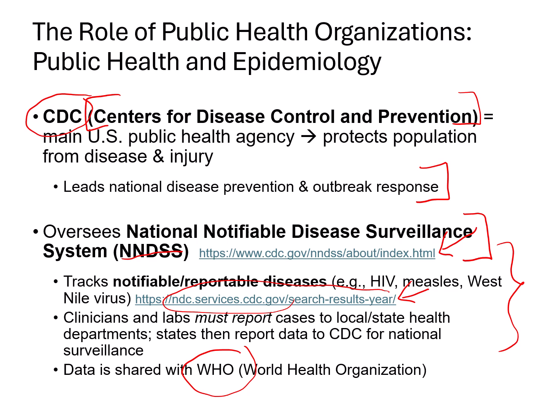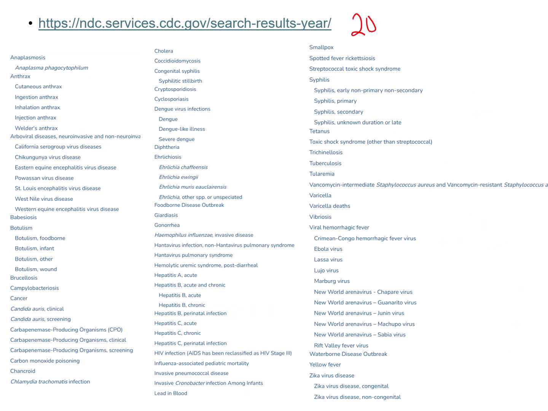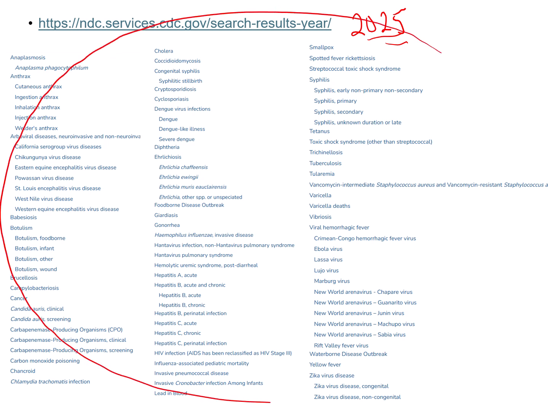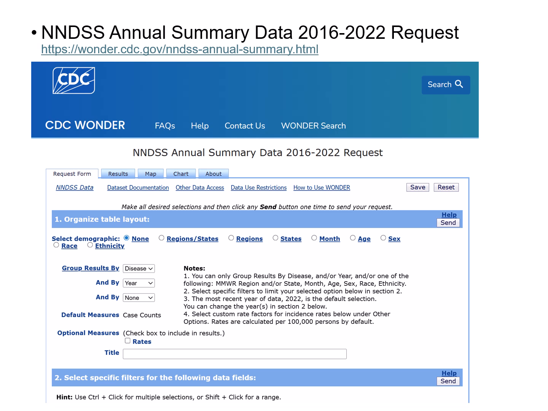So I went to the link and searched for the notifiable or reportable disease lists for the year 2025, and it was very long. This is a screenshot of a few sections of the long list shown here. And this is a screenshot of the National Notifiable Disease Surveillance System annual summary data. You can also search here by disease, year, and other filters.